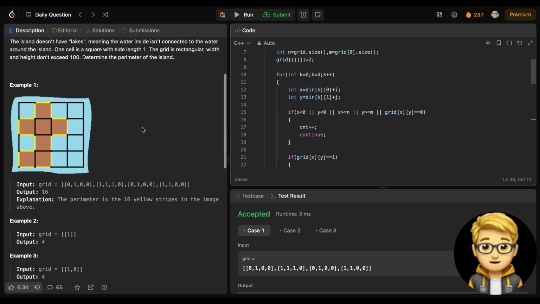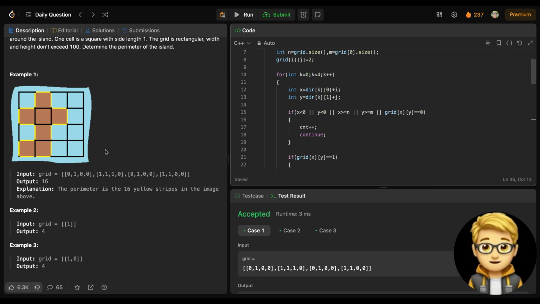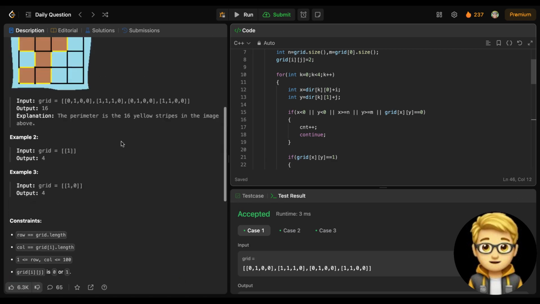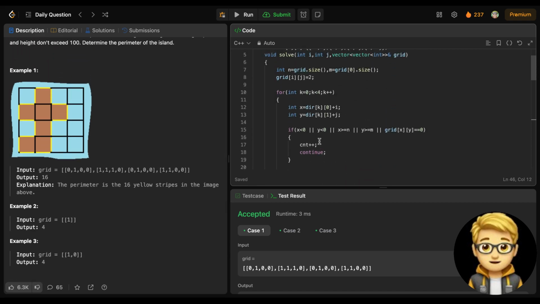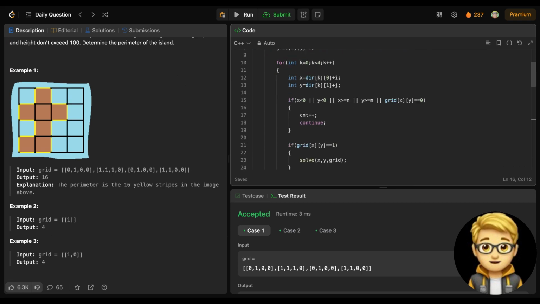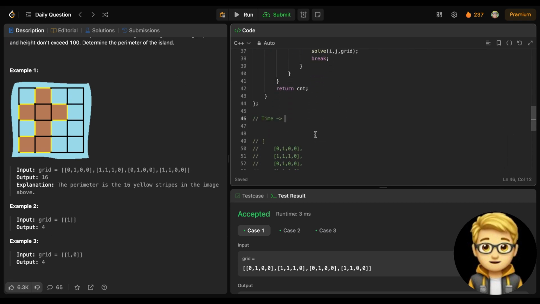So that will cover all the cells of this grid. So that will be O of n into m for sure, because we are moving in all directions. Plus there will be recursion stack space, that will again be O of n into m.